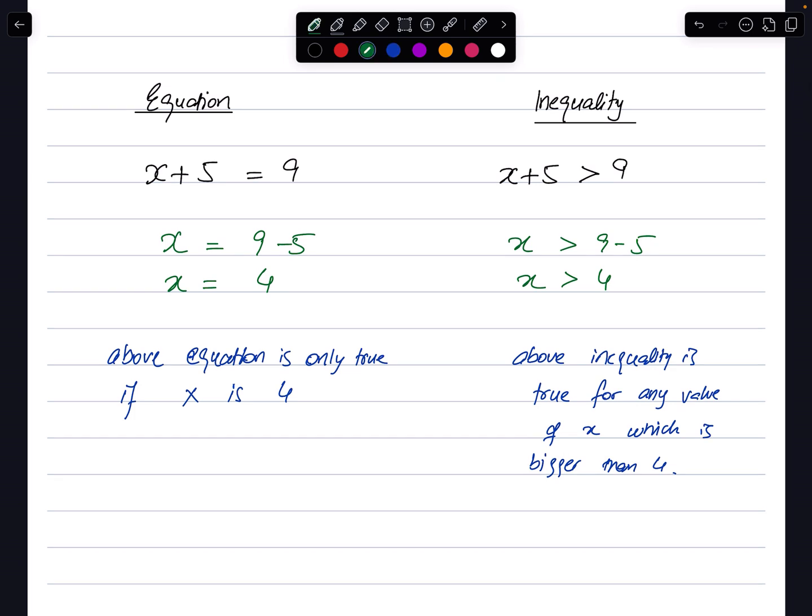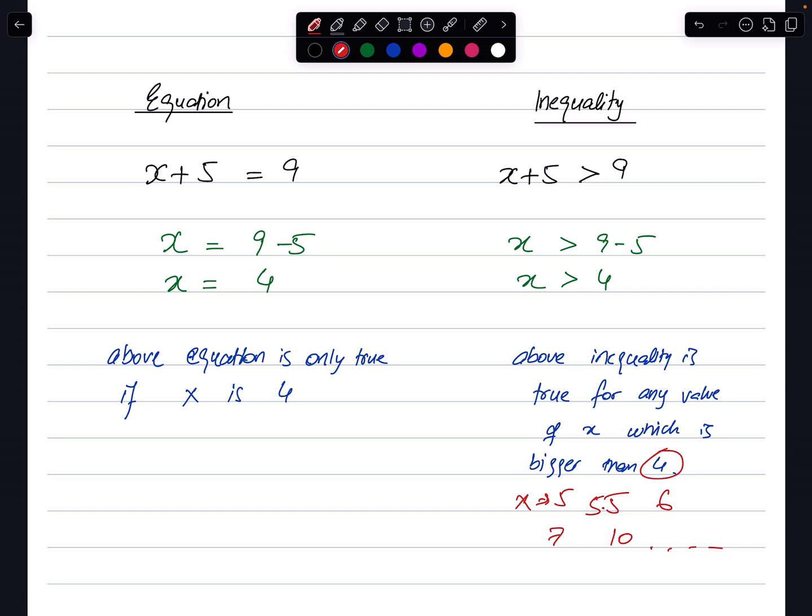Meaning, this inequality x plus 5 is greater than 9: we are happy if x is 5, we are happy if it is 5.5, we're happy if it is 6, we're happy if it's 7, we're happy if it's 10. So x can have all of these values as long as they are bigger than 4.